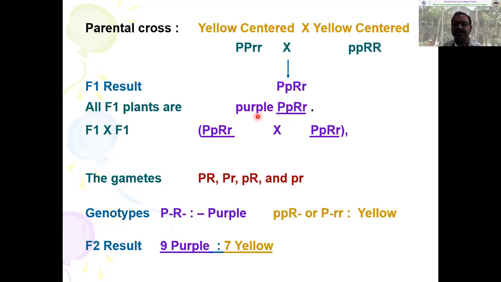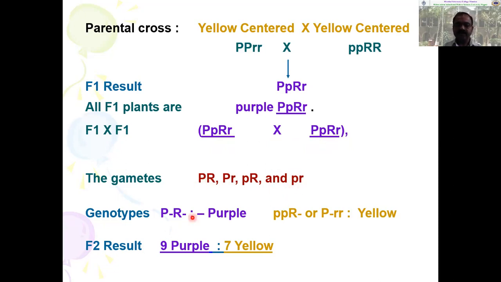That is one thing to understand and keep in mind. Whenever these purple varieties are selfed or crossed amongst themselves, as we know, they can produce 4 types of gametes: capital P capital R, capital P small r, small p capital R, and small p small r. So these 4 different types of gametes can be produced.